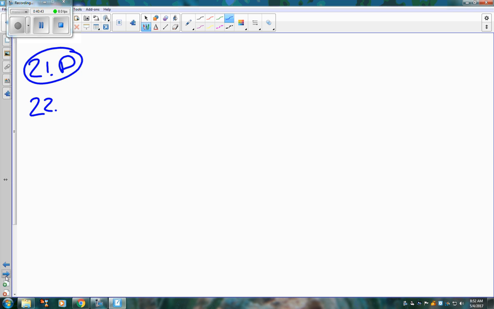Which statement is true about the graph of exponential functions? C. An exponential function will eventually exceed the graph of both the linear and quadratic function. And the last problem, 23.